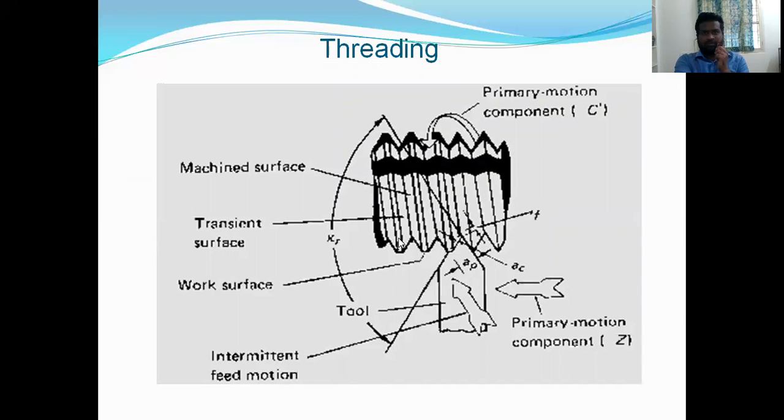We are giving feed to our thread cutting tool, one pass after another, on the workpiece. So threading means producing helical grooves on the cylindrical surface.